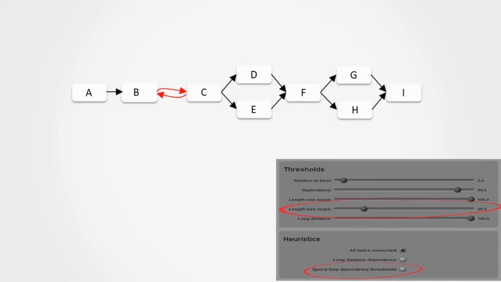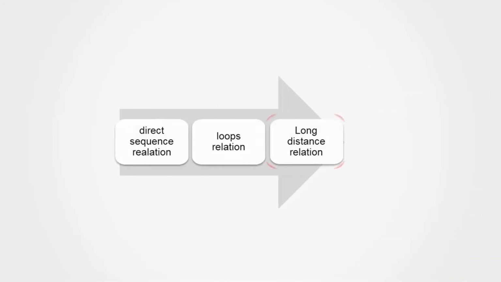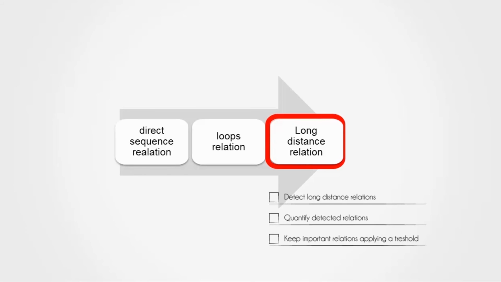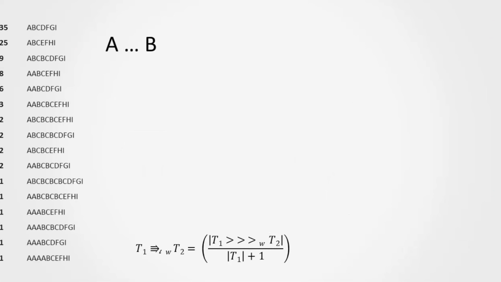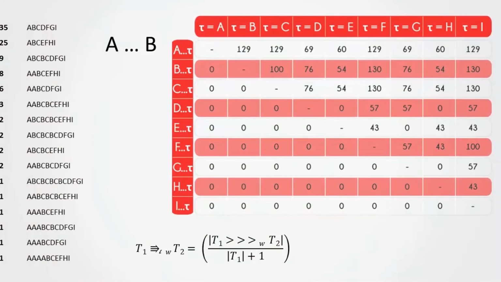We will now discuss the input parameters for the detection of the long-distance relations. The long-distance dependency is calculated in relation to a new metric, called the eventually followed by relation.